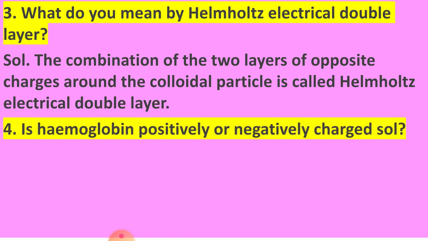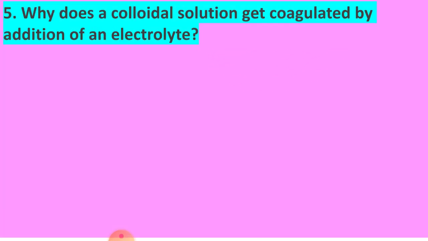Now fourth question: is hemoglobin a positively charged or negatively charged sol? This I also told you: the blood as a whole is negatively charged, but hemoglobin is positively charged. So your answer is that hemoglobin is a positively charged sol because it contains iron particles and globulin proteins.